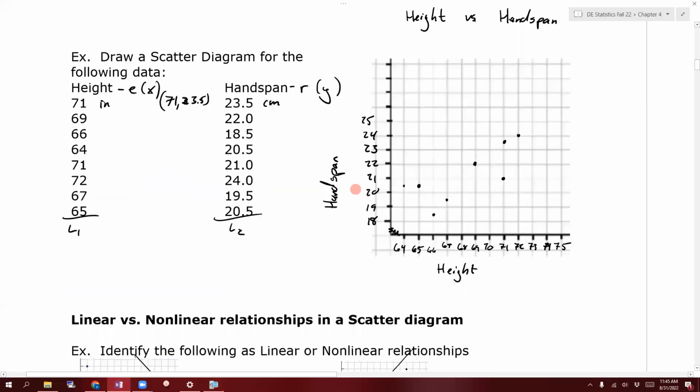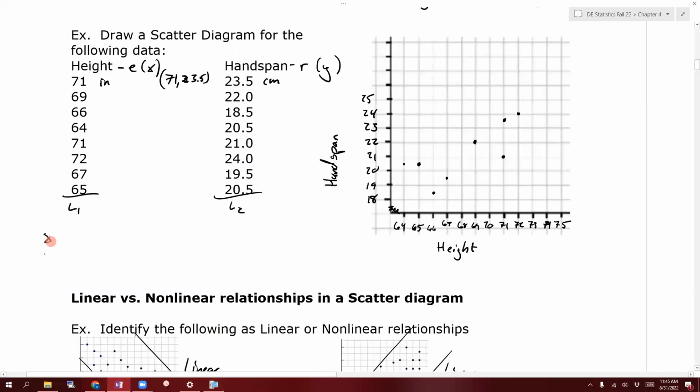So here, x bar 68.125, y bar was 21.1875.